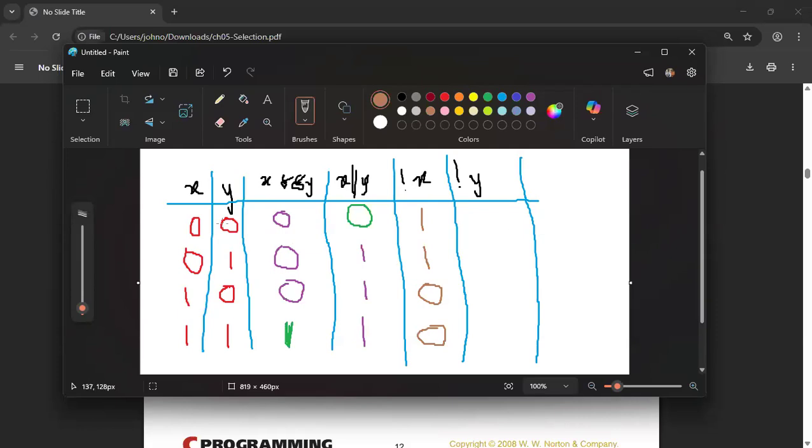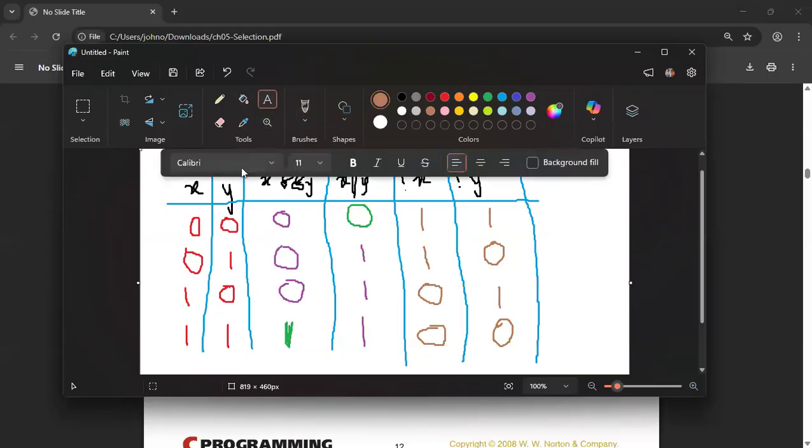And this is the opposite for y. Y is 0, the output must be 1. Y is 1, the output must be 0. So this is what we call the truth table. This is the truth table for basic Boolean values.